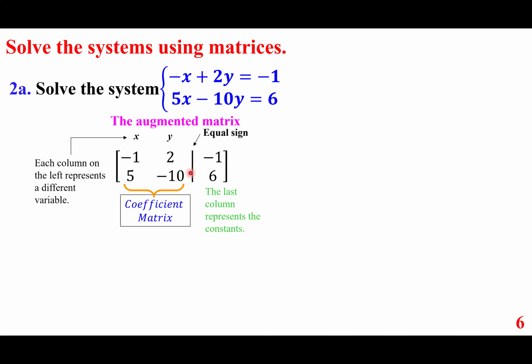Now the methodology is to make the first entry 1. There are different ways of doing it. Right now, the easiest way, if I multiply the entire row, and remember, when you multiply the row by a number, that means you're multiplying the equation by that number. And that is one of those transformations which is acceptable.